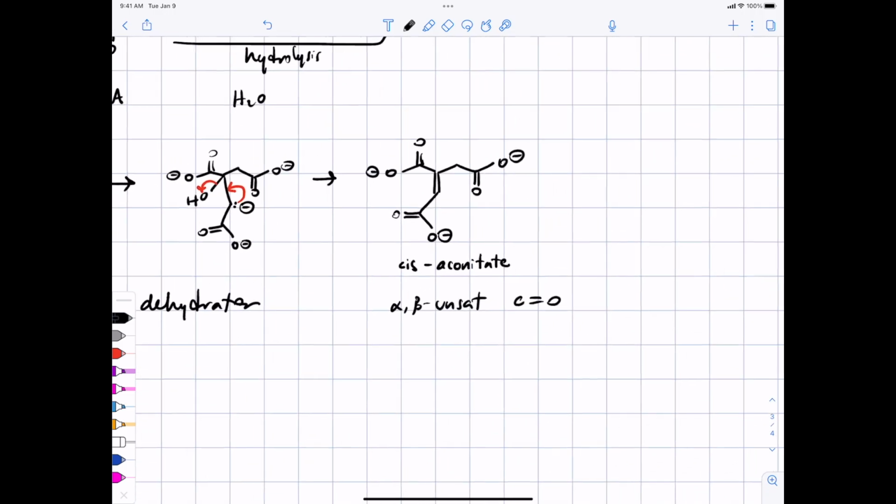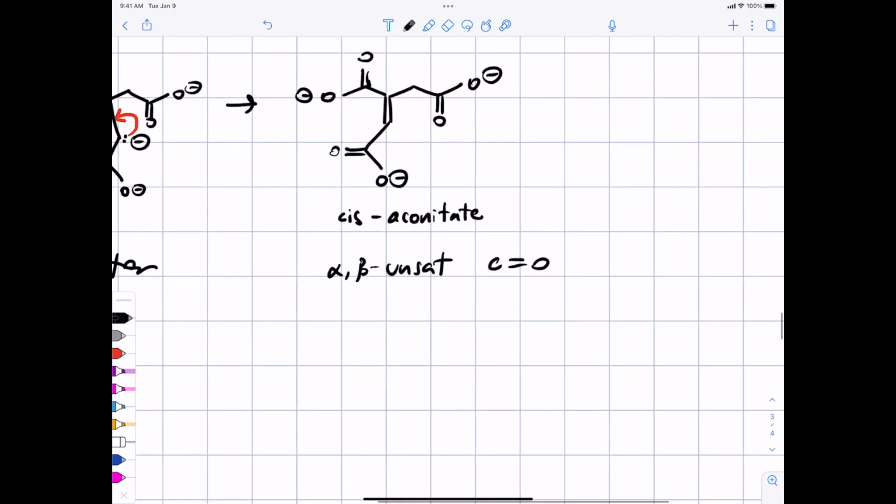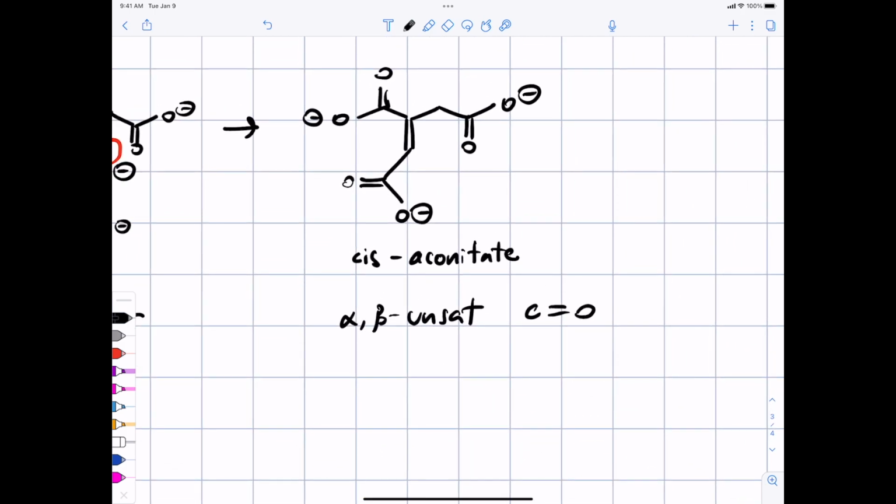Now let's try to think strategically. Cis-aconitate is interesting because you have two carboxylic acids, which I'm going to label orange and purple, respectively.